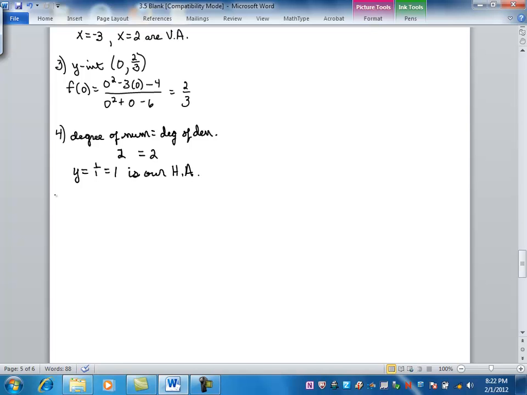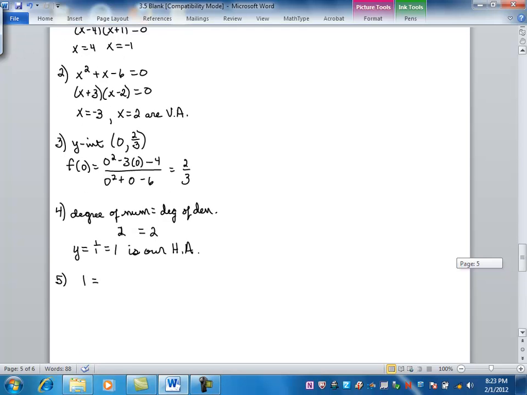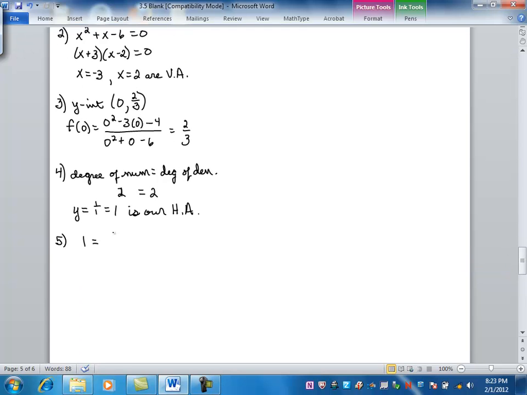The next thing we need to check then is to see if in fact we cross the horizontal asymptote. So I'm going to set the equation of my horizontal asymptote equal to the equation of my function here. So I've got 1 equal x squared minus 3x minus 4 over x squared plus x minus 6.